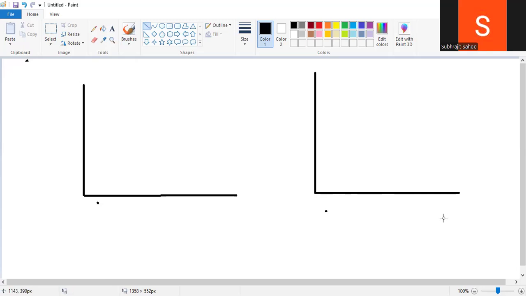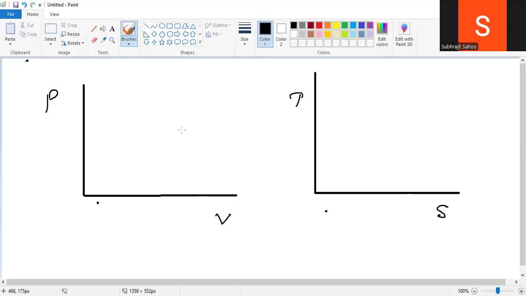So this is entropy S, and this is the temperature T. This is volume V, and this is pressure P. So why these two diagrams? Because explanation becomes easy.